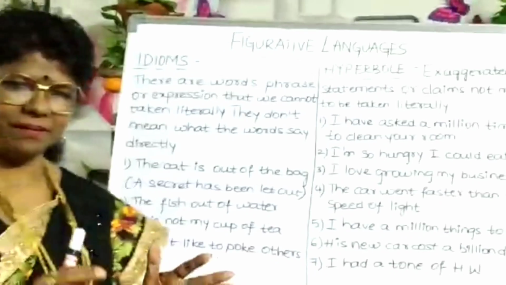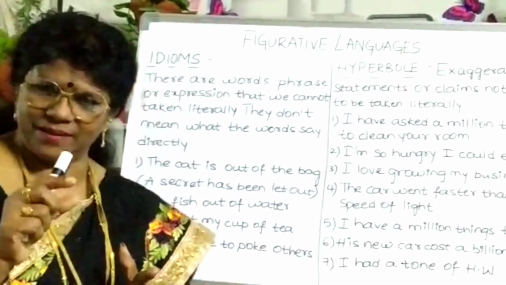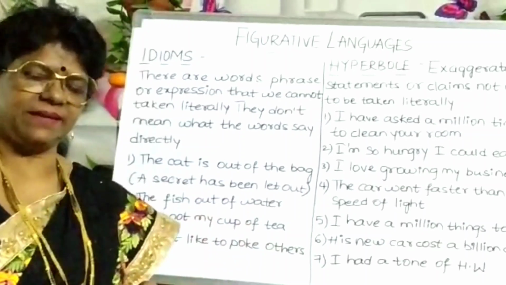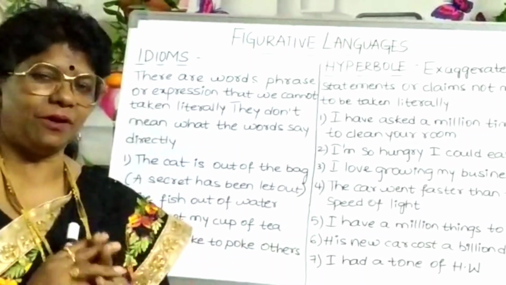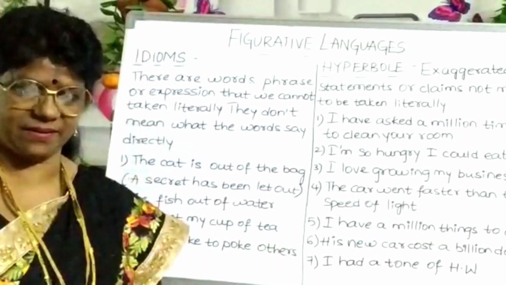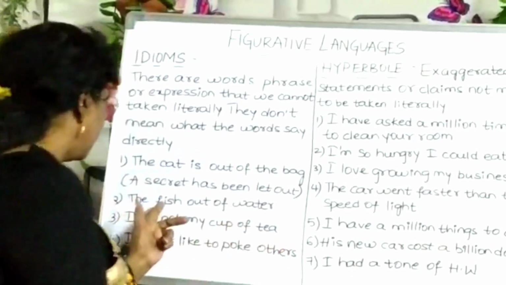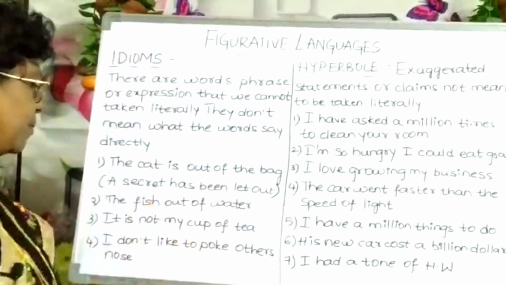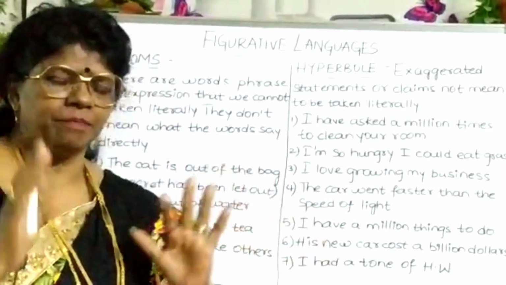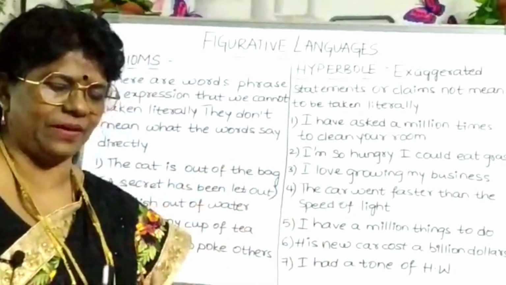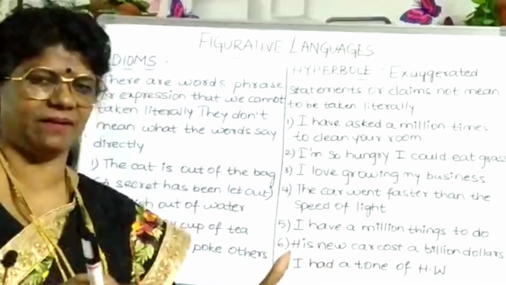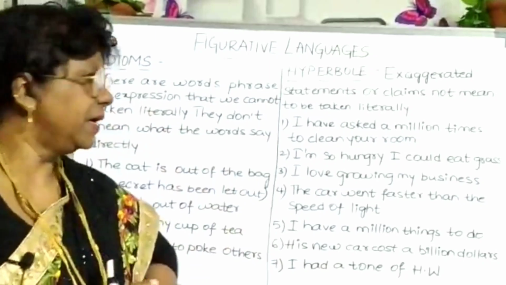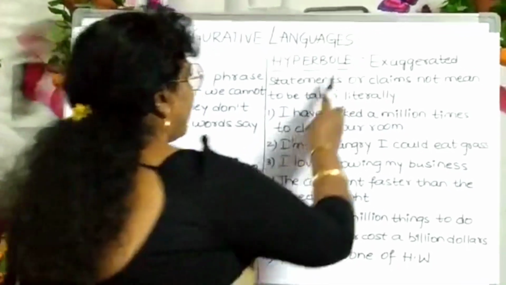Does it mean that you are poking others' nose? No, you don't like to involve yourself in others' matters. So directly, the fish out of water or not my cup of tea has no direct meaning, but indirectly, taking the sentence together, there is a meaning. That is idioms.